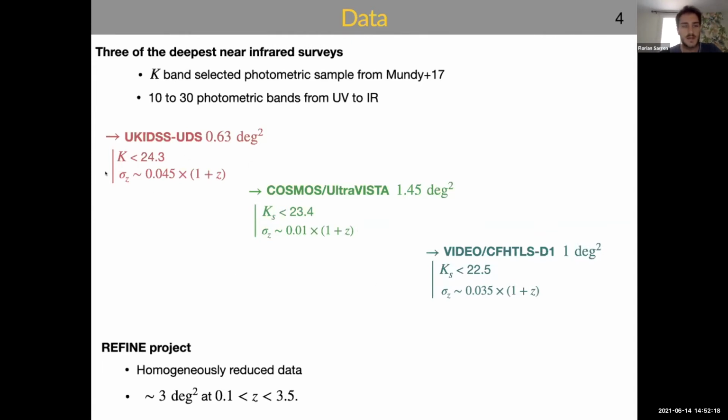This reflects in the photometric redshift uncertainty shown here. You can see that we have different depth, and so this work is part of the REFINE project or REFINE surveys, which consists in reducing this data homogeneously to be able to combine these 3 fields and cover 3 square degrees in this redshift range.